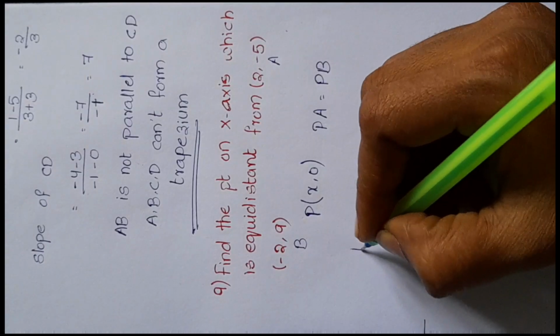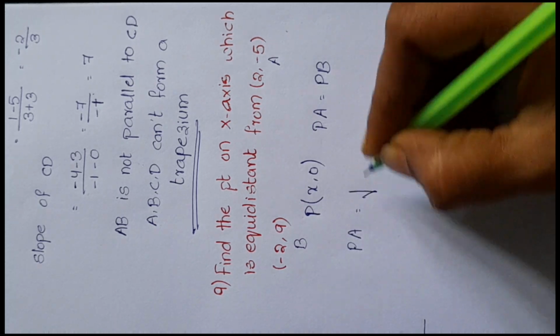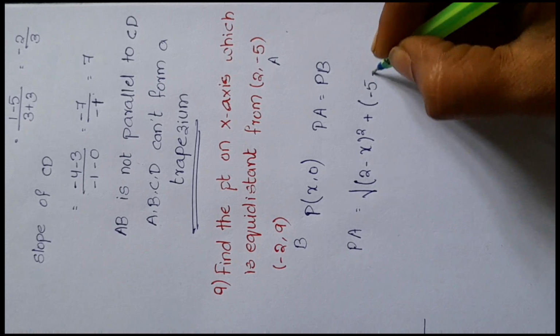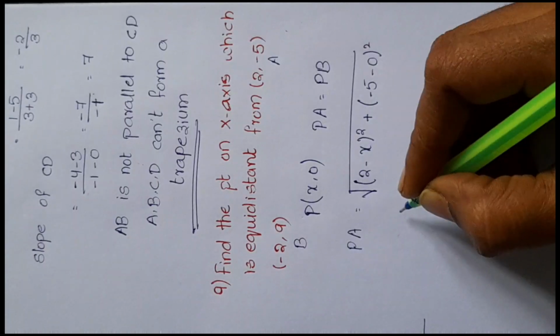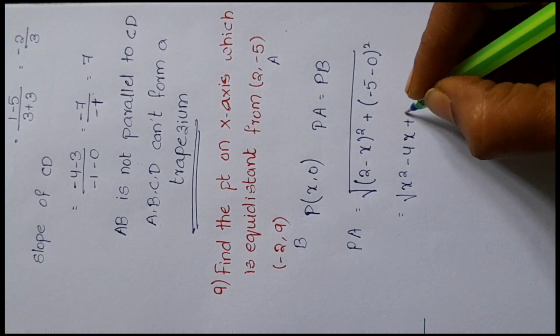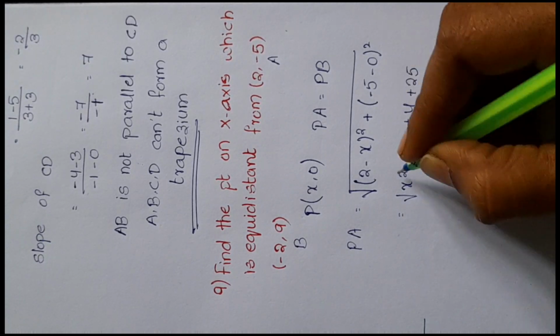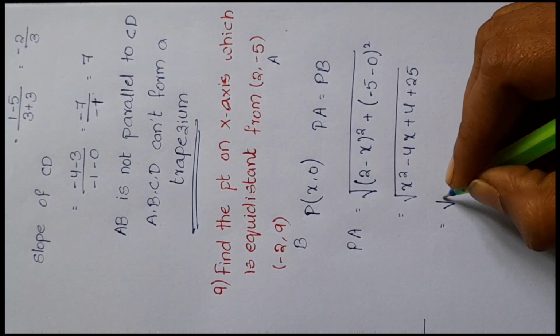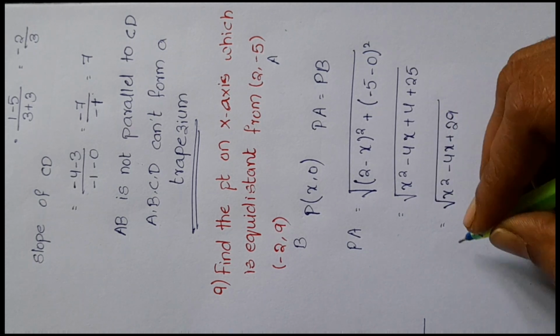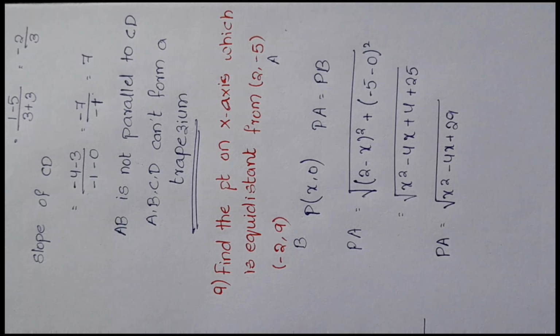Now let us find the distance PA. It is root of (2 minus x) whole square plus (-5 minus 0) whole square, which is equal to x square minus 4x plus 4 plus 25, which is equal to root of x square minus 4x plus 29. This is the distance PA.